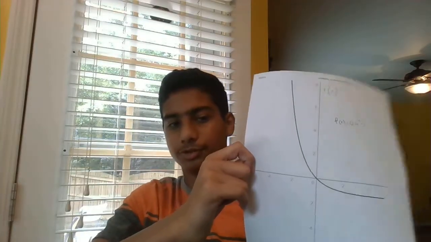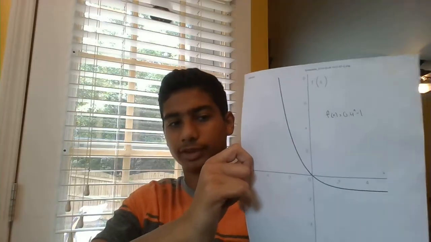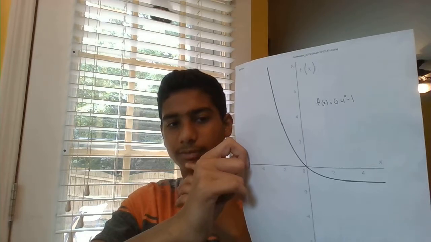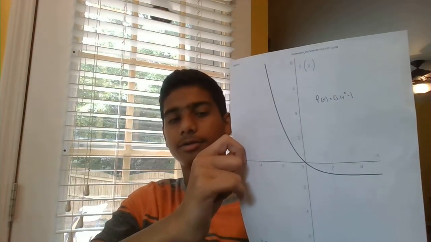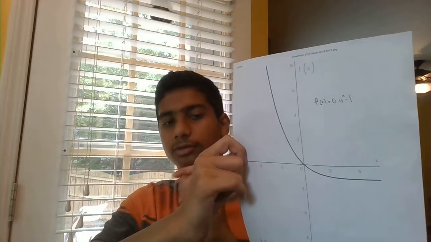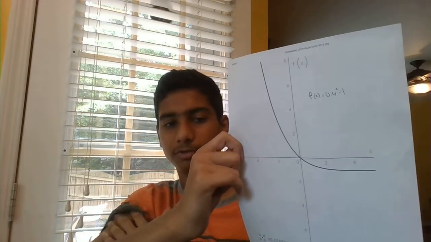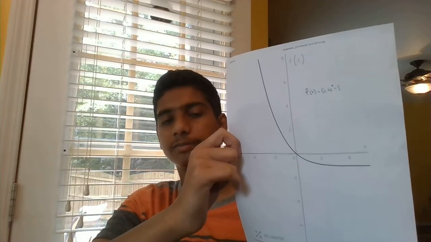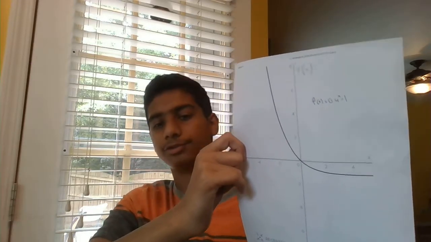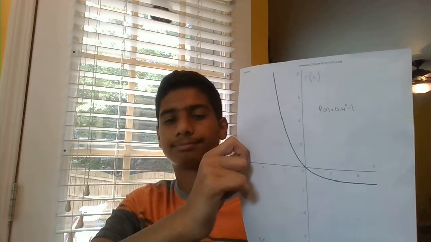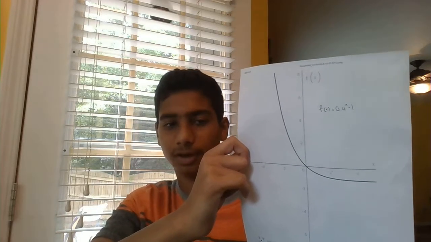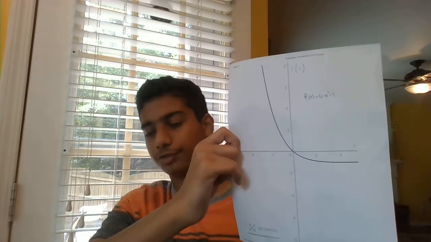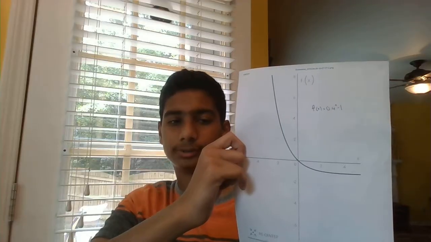And for example, if you just plug in -2 for the x value, 0.4 to the negative second power is just 1 over 0.4 squared, which is 1 over 0.16, and 1 divided by 0.16 is 6.25, and then 6.25 minus 1 is going to be 5.25. So that's just how you do it for all of the x values.